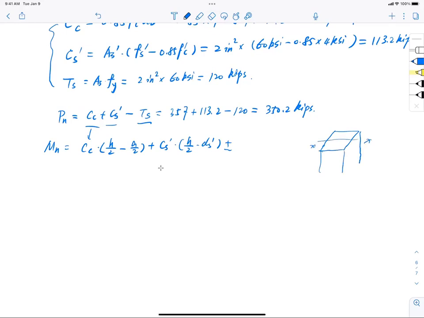So the axial loading force is going to be compression here, CS prime, compression here, CC, and tension here, which is TS, right? When you're summing the moment, you're summing the moment with respect to the neutral axis, x-axis here, right?